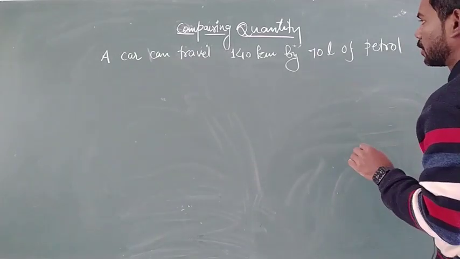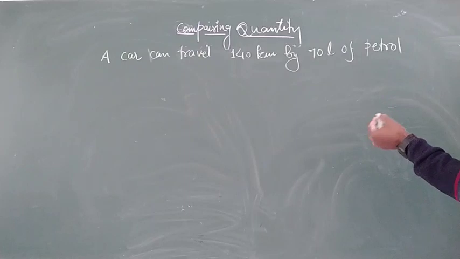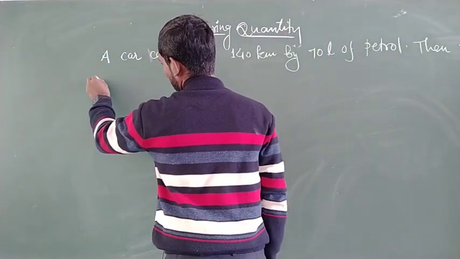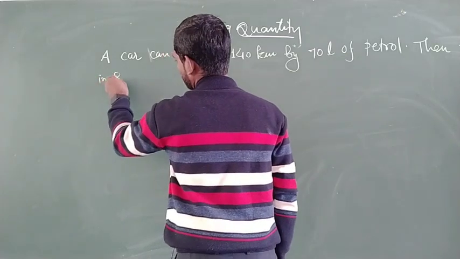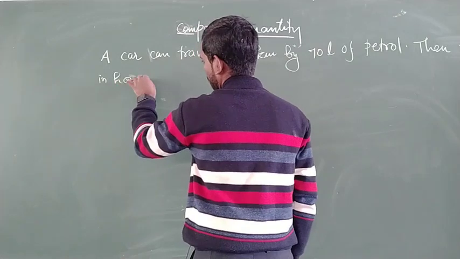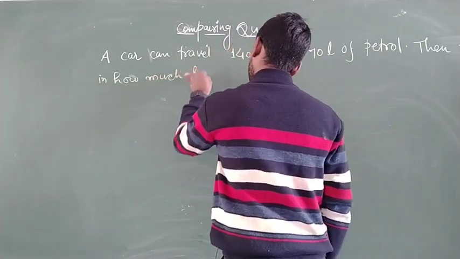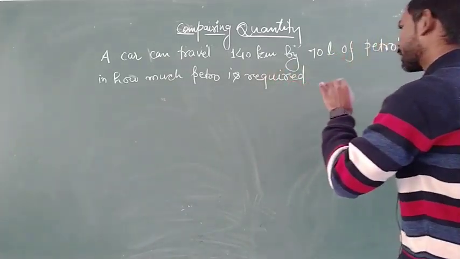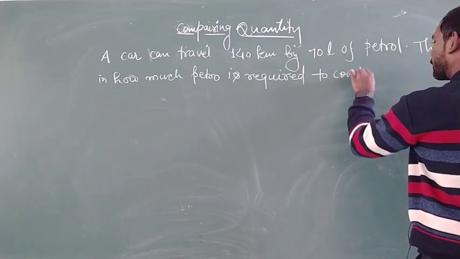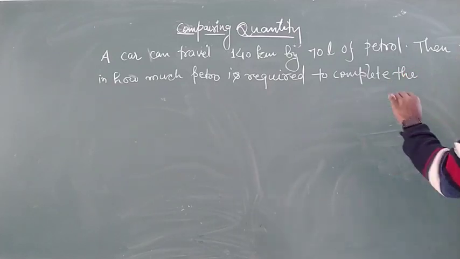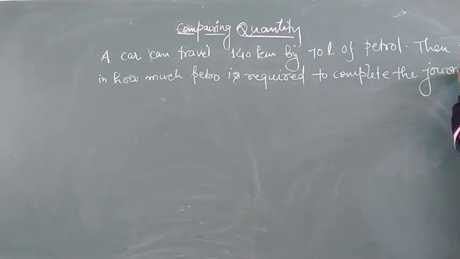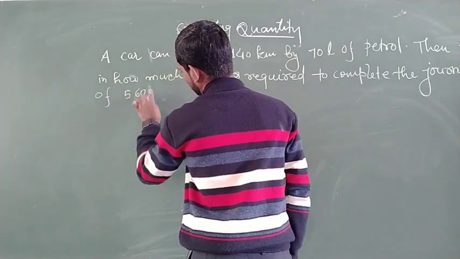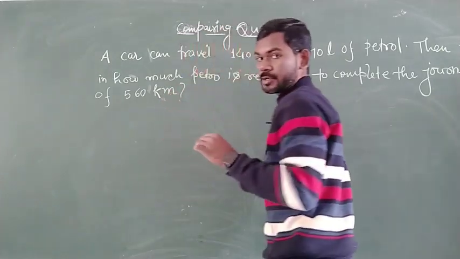A car can travel 140 kilometers on 70 liters of petrol, then how much petrol is required to complete a journey of 560 kilometers. So this is the given question.